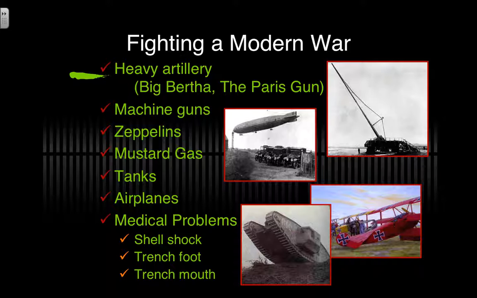But also, of course, the use of mustard gases, chlorine gases. I believe there were close to 50 or 60 different types of poisonous gases that were used in the war.